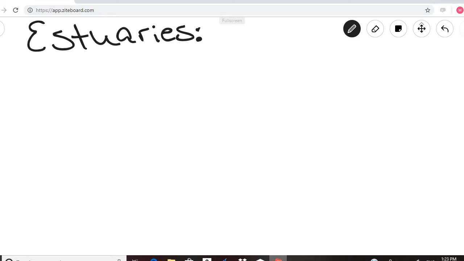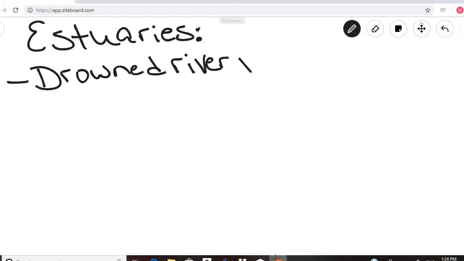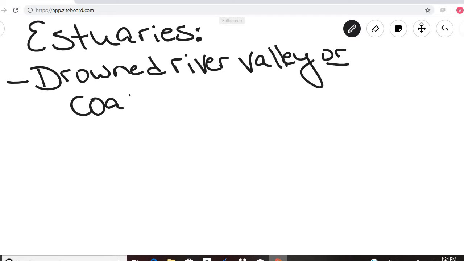So in terms of estuaries, there are several different types. One is called a drowned river valley. This is also sometimes called a coastal plain estuary.